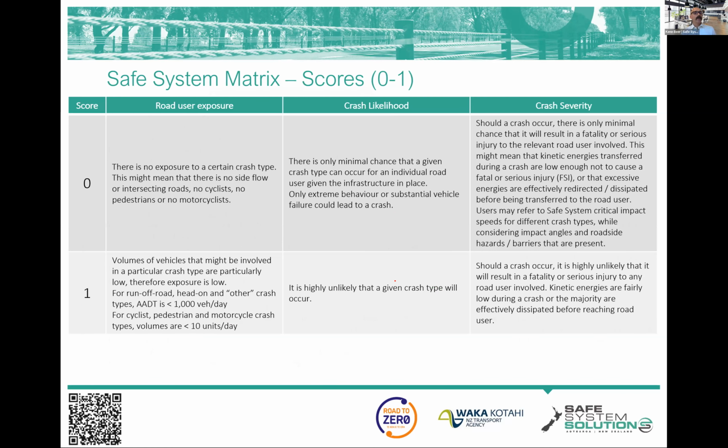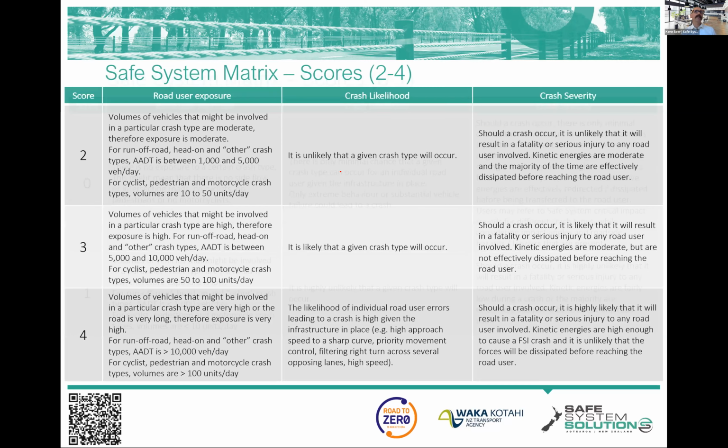So you then make your judgment call, and I like to help people calibrate the scoring a little bit by saying, think of it as a relative likelihood compared to other intersections in the area, in the region, in the country, and factor it in that way.